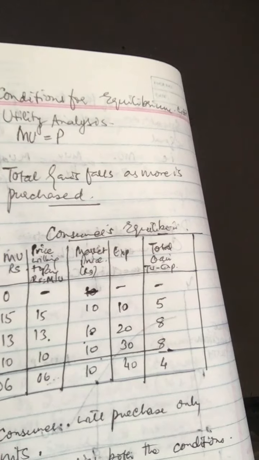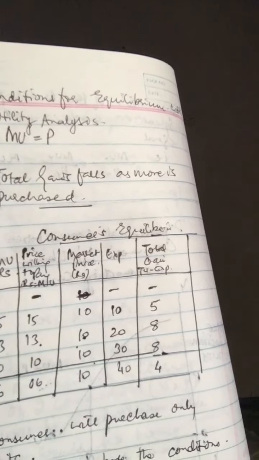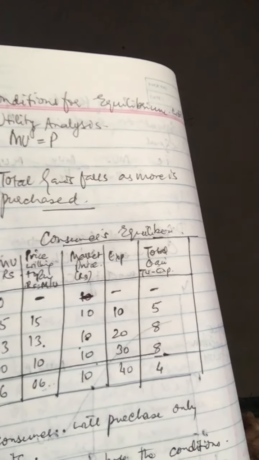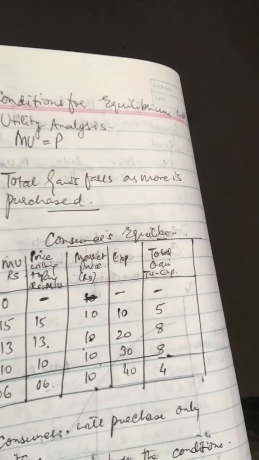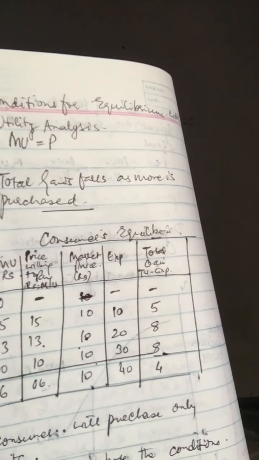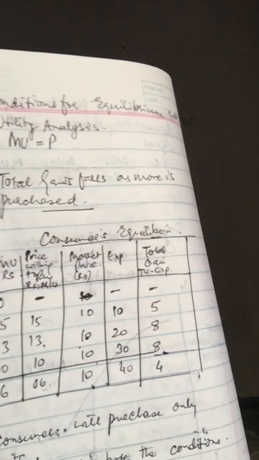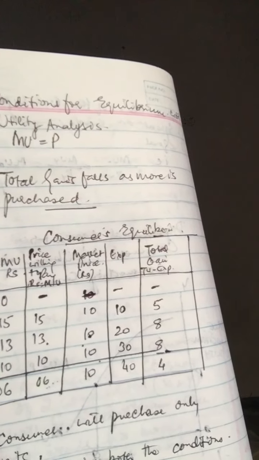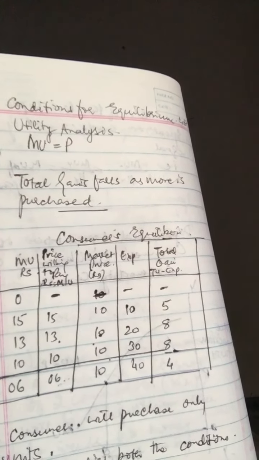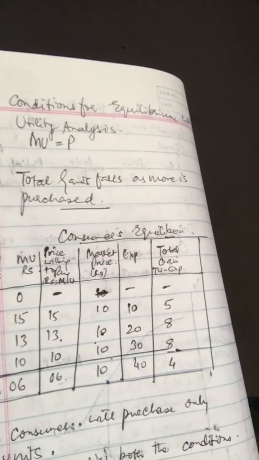So let's talk about the equilibrium conditions again. MU is equal to P, which happens here, and the total gain falls as more is purchased after equilibrium. If he goes to purchase the fourth one, actually he will lose. The total gain is rupees 8 up till here, and the purchase of the fourth unit brings down the gain to rupees 4. So with that, I hope you've understood what is consumer's equilibrium in case of one commodity.